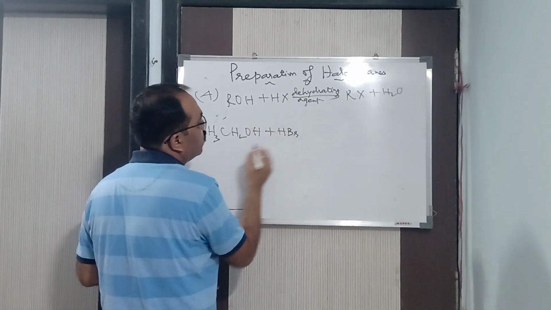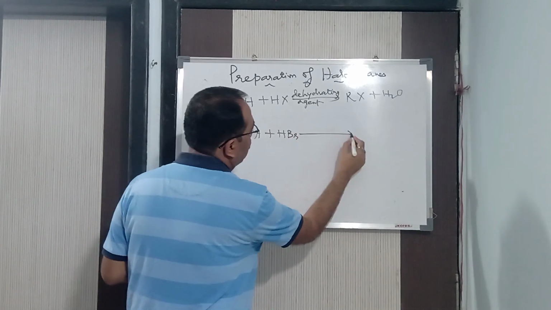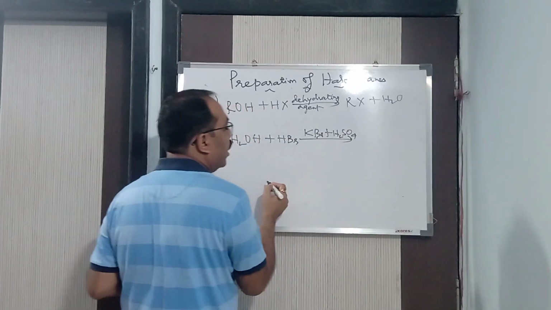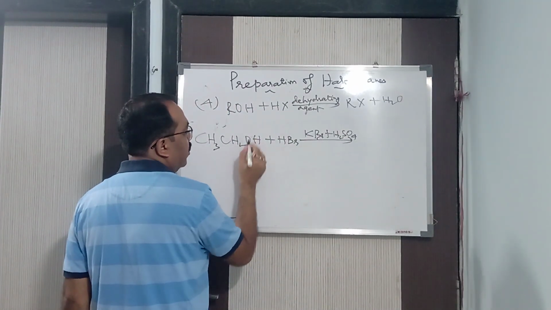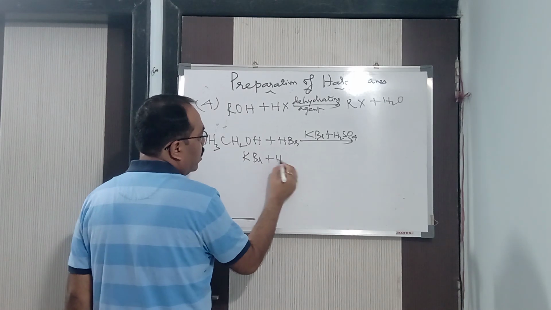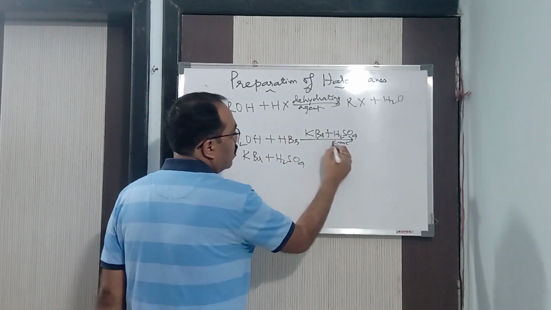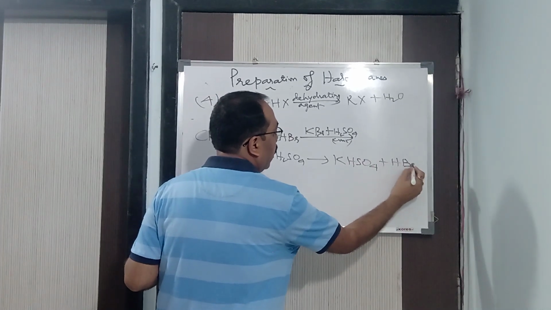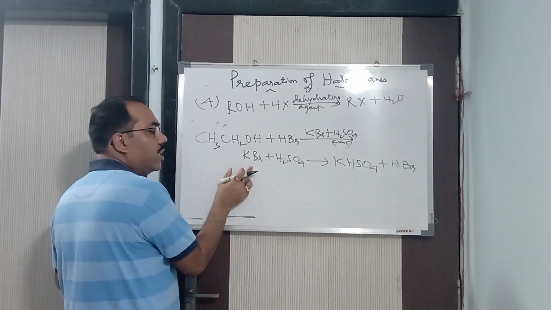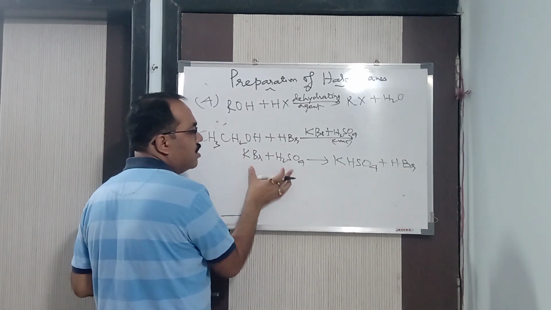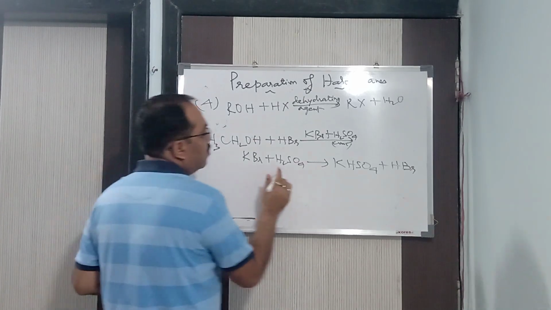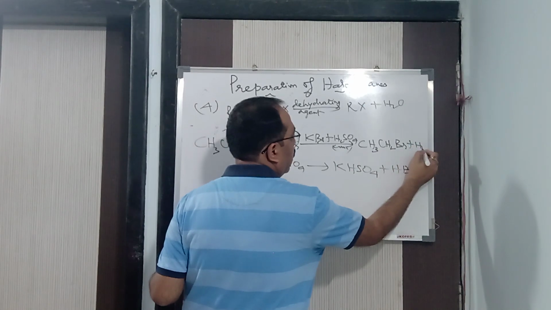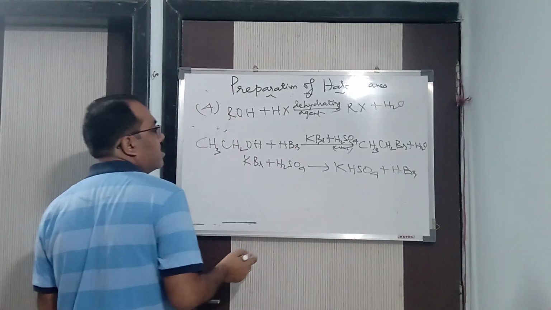If I am taking HBr, then I have to take KBr along with H2SO4, because KBr, when it reacts with conc H2SO4, gives KHSO4 plus HBr, as you can see here. So we have to go for refluxing. That means this reaction has to be carried out under reflux. Hence you will get CH3CH2Br plus water. So in this way we have to prepare it.